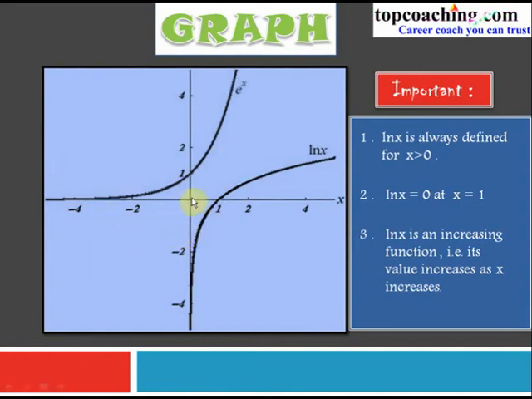So here the value of x is increasing, and you can clearly see that the value of ln x is also increasing. So ln x is always defined for x greater than 0, ln x is equal to 0 at x equal to 1, and ln x is an increasing function. So when x increases, the value of ln x also increases.